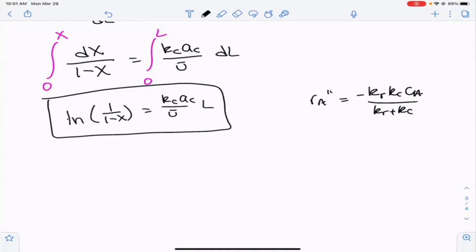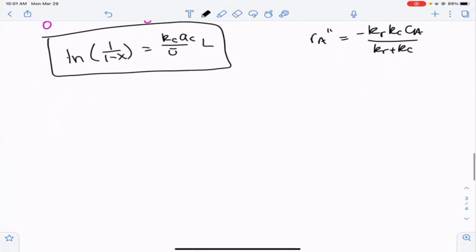Then you're going to have mixed control, where both kinetics and mass transport simultaneously influence what you're doing. Both of these derivations we just did, you could redo with this full functional form. I'm not going to do that for both of them because the math is very straightforward, but I do want to do one just so you can see this.